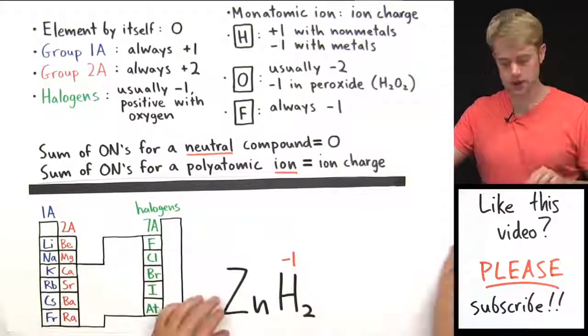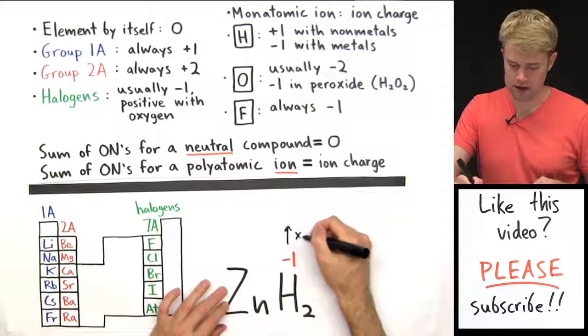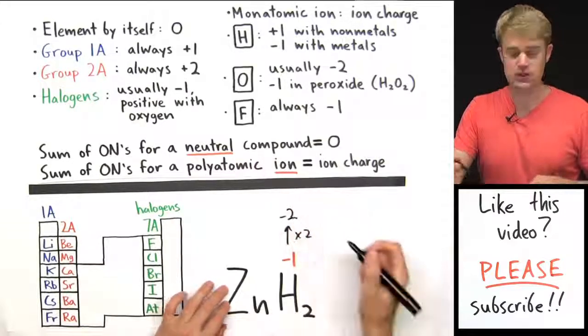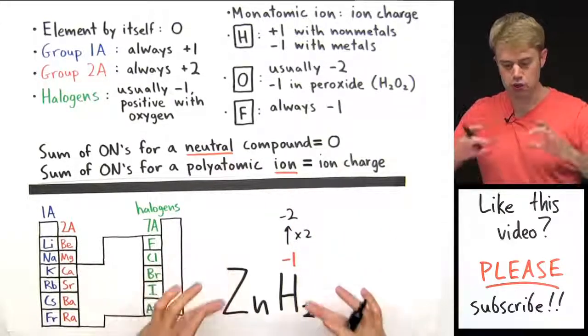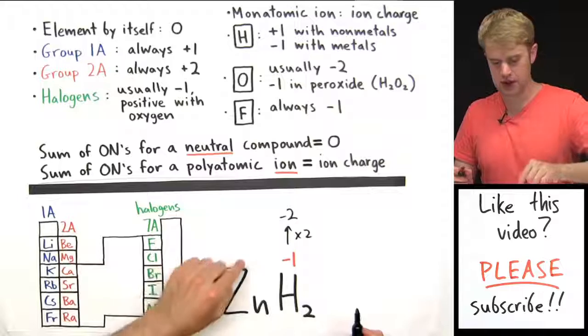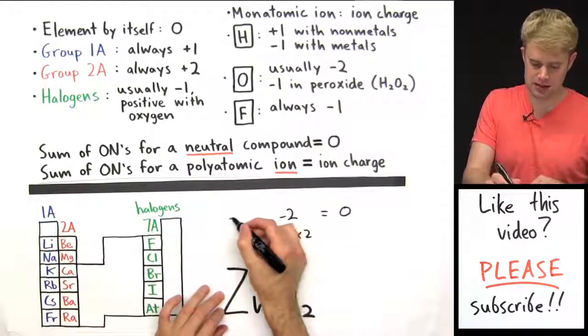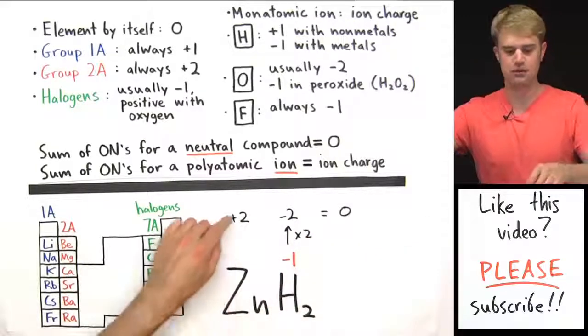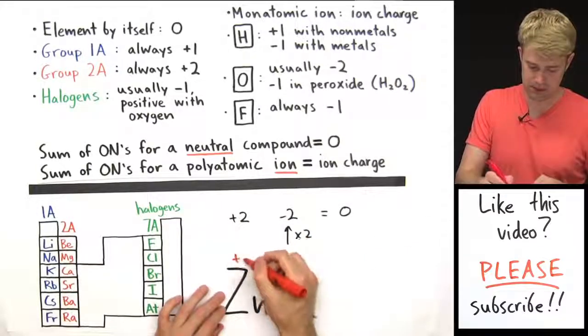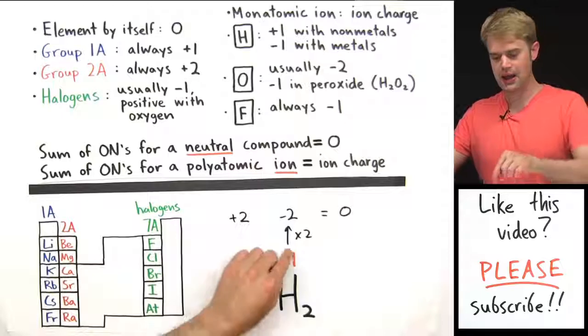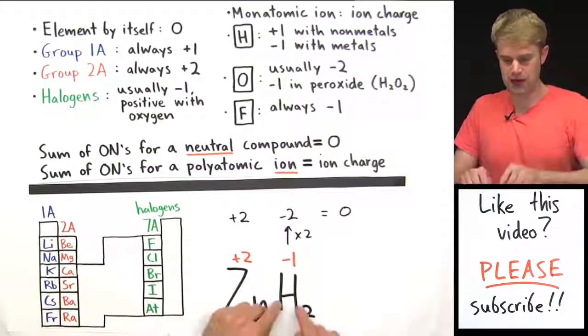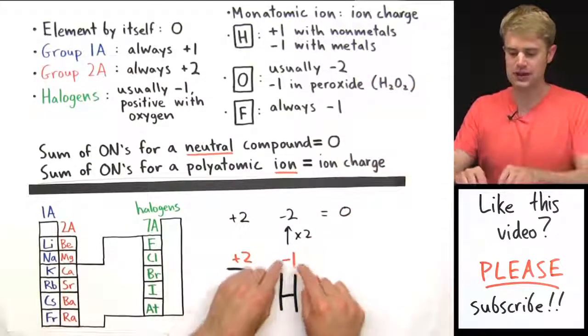But we have two of these hydrogens, so it's going to be -1 times 2, which gives us -2. Since this is a neutral compound, whatever zinc is plus -2 has to give us 0. So that means that zinc's oxidation number must be +2 here. So we got +2 for zinc and -1 for hydrogen, because hydrogen was with a metal, so it has a -1 oxidation number.